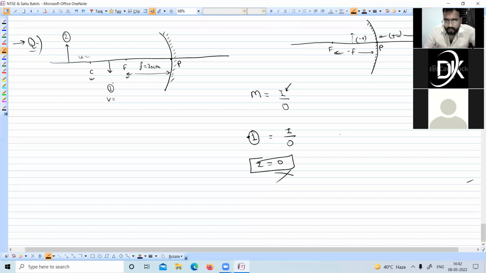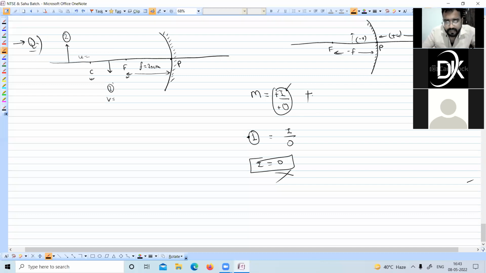Yes, I will write the terms as well. Don't worry. Another thing: if my magnification is plus, it means the image is in the plus y direction. But as we can see, the image is in the minus y direction.